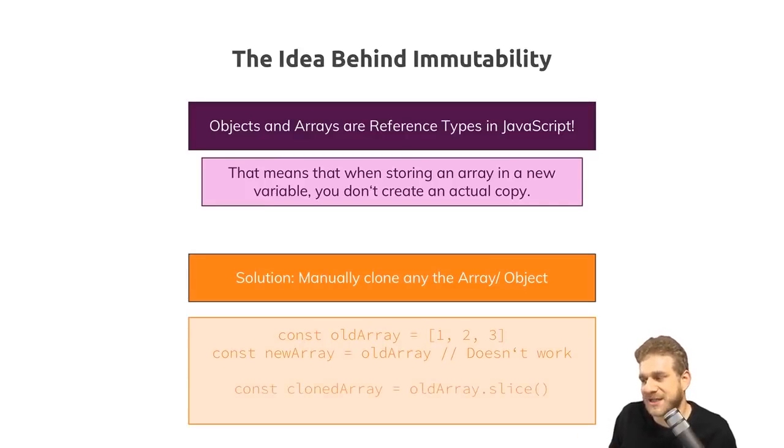So the solution is to instead clone the old array, for example with the slice method, which returns a brand new array object. So not a pointer to the same array, but a brand new one. If we then change cloned array, we don't also change old array. If you're using a setup which allows you to use next generation JavaScript features, you can also use the spread operator instead of the slice method.